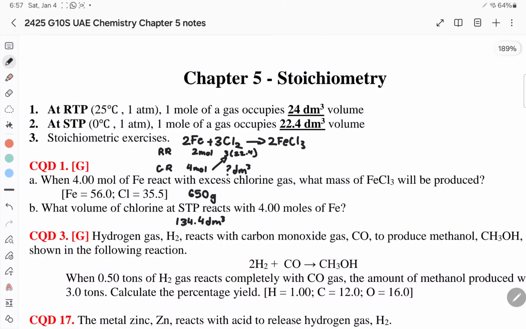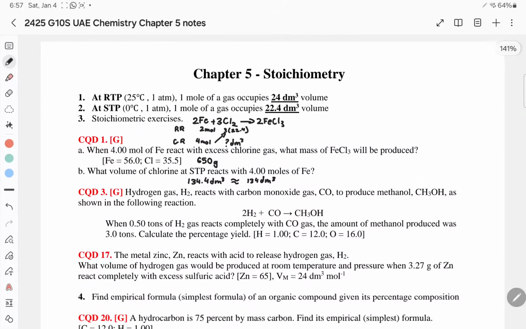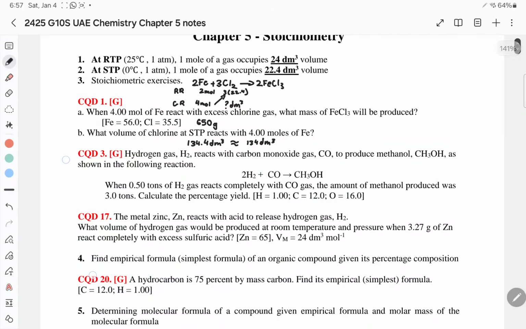And since all of our numbers were given to 3 significant figures, if we make it 3 significant figures, it's around 134 decimeters cubed. And that's how you solve for the first question.